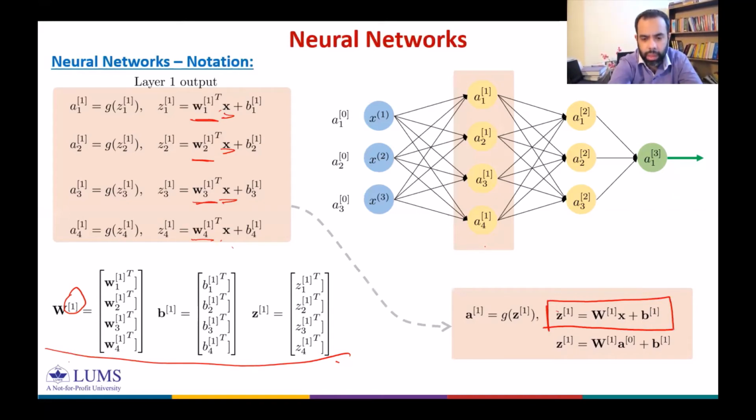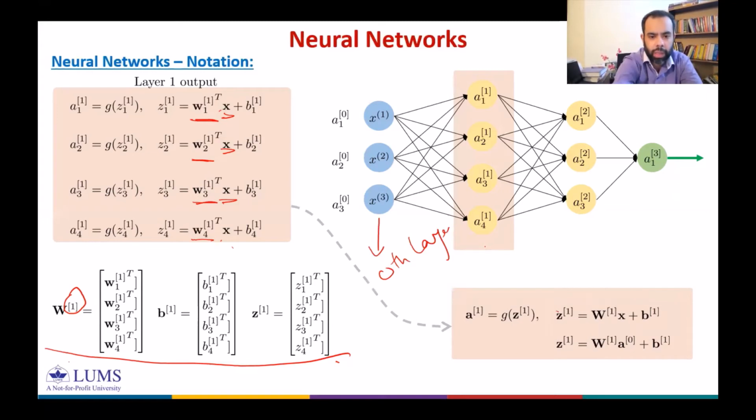So we also use a0 to denote x, because the input layer is the zeroth layer. So once we have z in vector form, we pass this z through an activation function to obtain the activation output, the output at this stage, right? So this is a, right? So a is a vector that has 4 entries, a_1^[1], a_2^[1], a_3^[1], and a_4^[1].